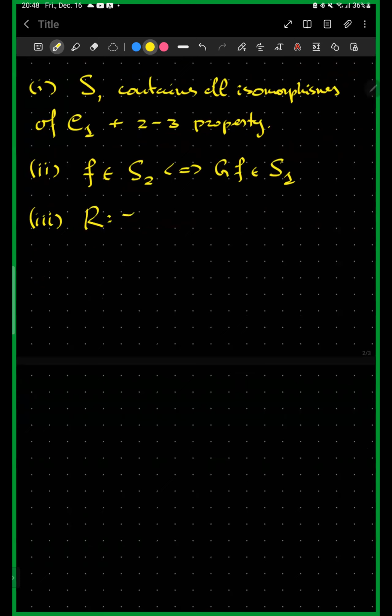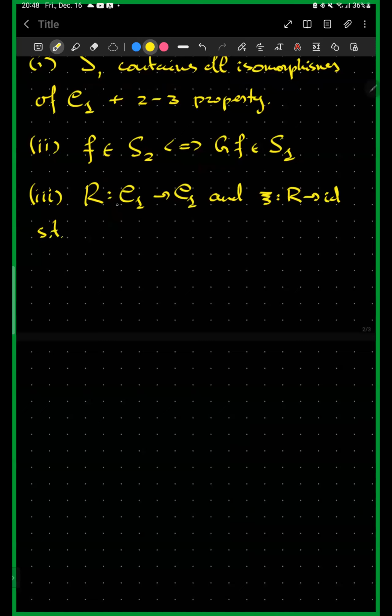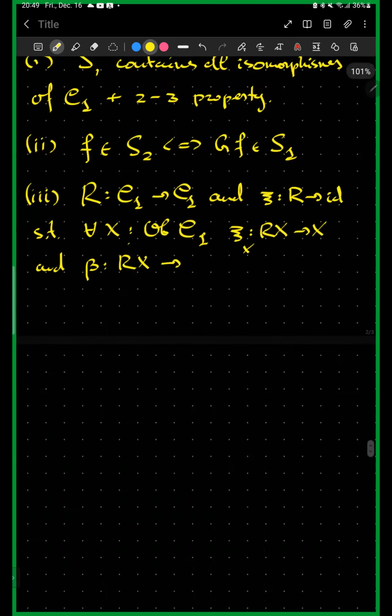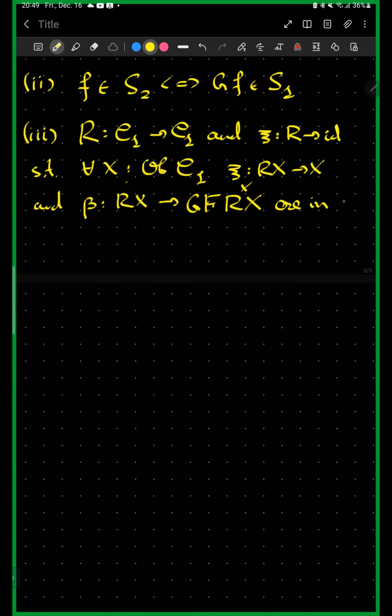So we have a functor R from C1 to C1 and a natural transformation from R to the identity, such that for any object X in C1, the maps RX to X and RX to GFRX are in S1.